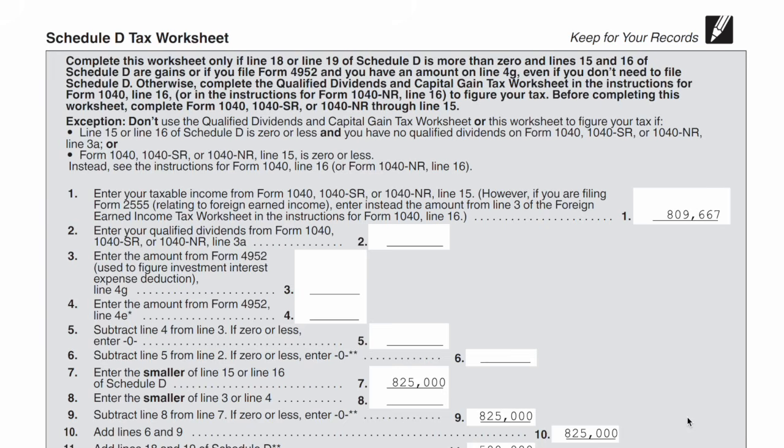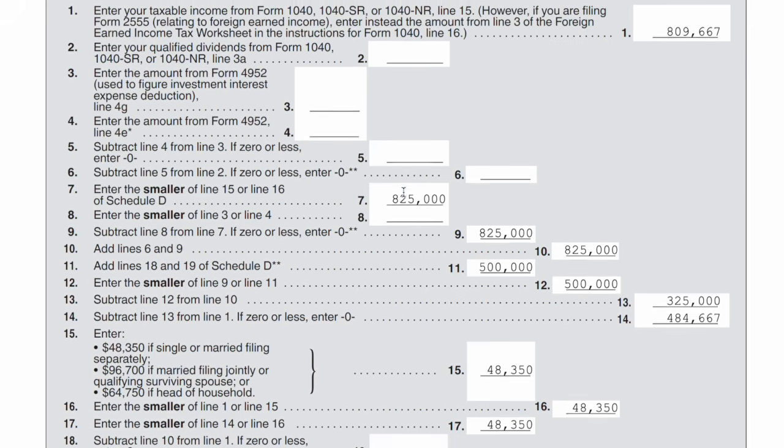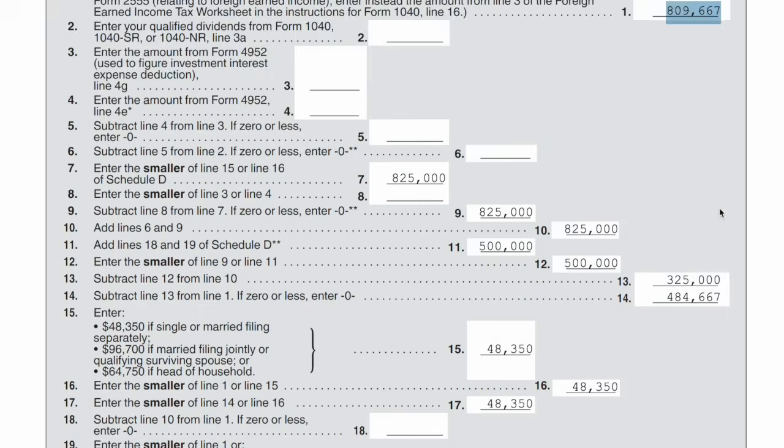Then the Schedule D tax worksheet is what calculates the capital gain taxes. And this starts with our taxable income, which was the $825,000 gain minus the standard deduction of $15,750, and also plus the $417 of net rental income.